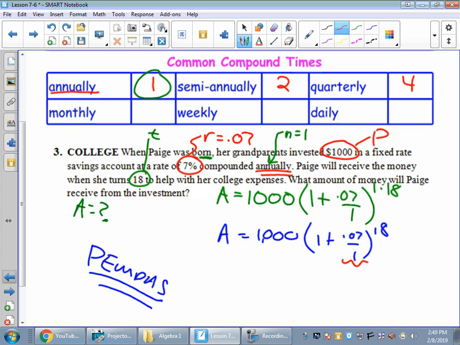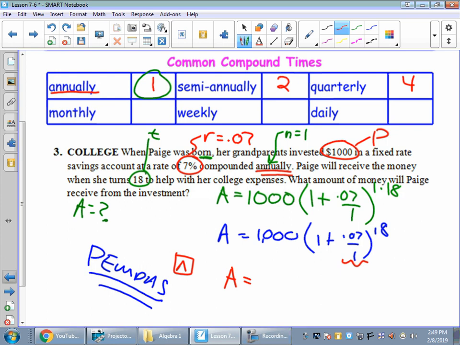So you need your calculator. There's a little caret button that you can plug in this number 1.07, and then hit the caret button up to 18, and that'll give you the 18th power. Then multiply it by 1,000. So a lot of steps, but as long as you use order of operations, you should be okay.